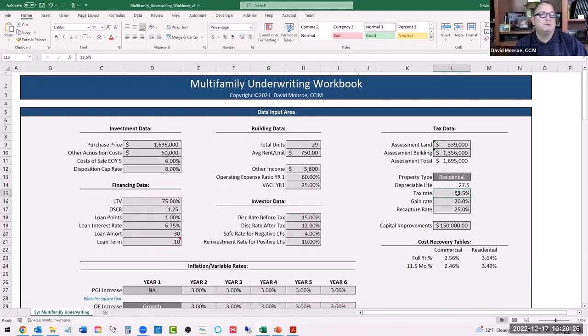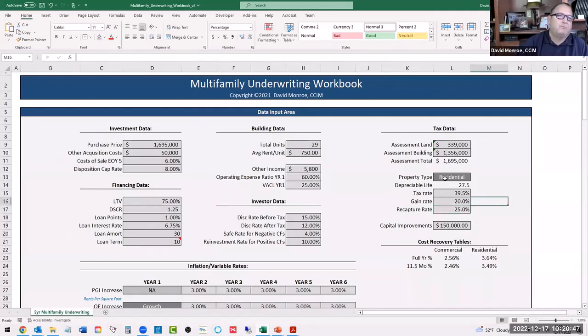If your normal income tax rate is only 18.5, then your capital gain is only going to be 18.5 and your recapture is only going to be 18.5. So it's ordinary income up to 20% for capital gain and ordinary income up to 25% for recapture.